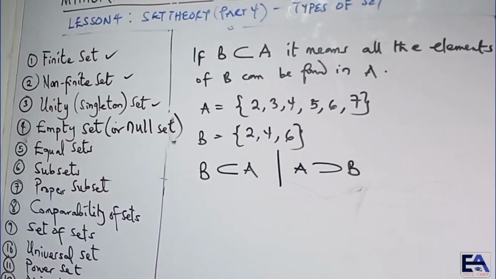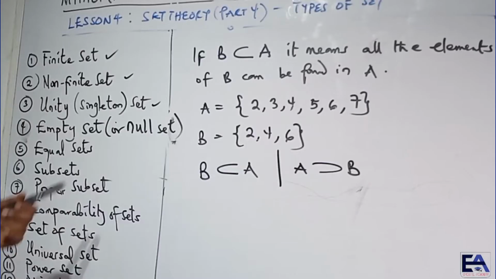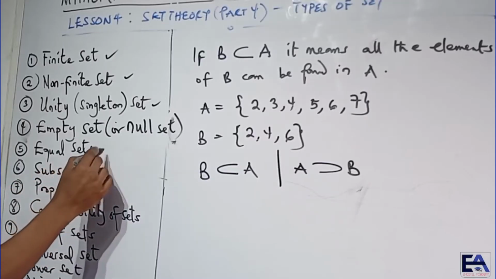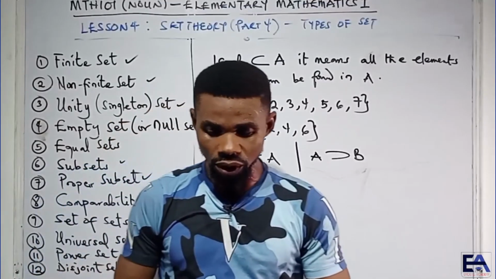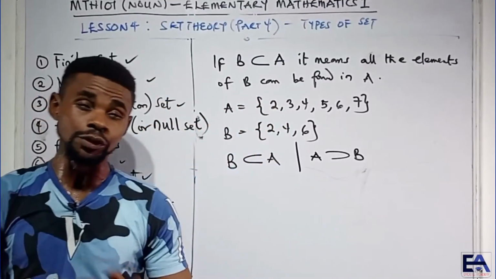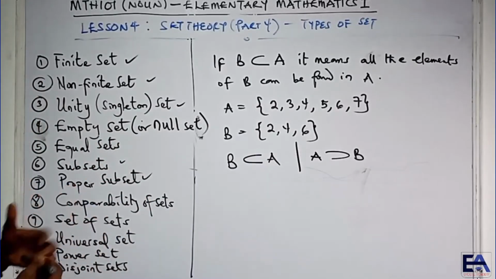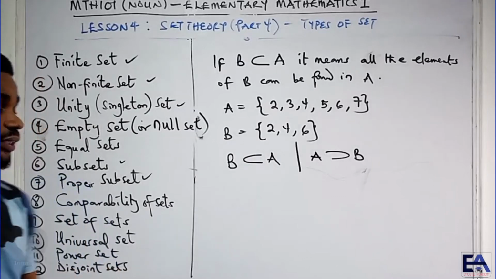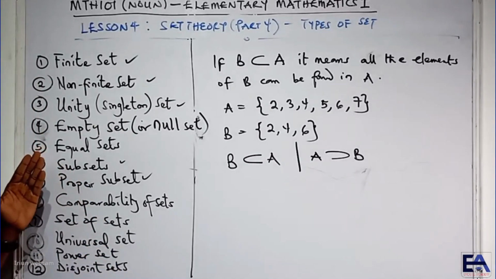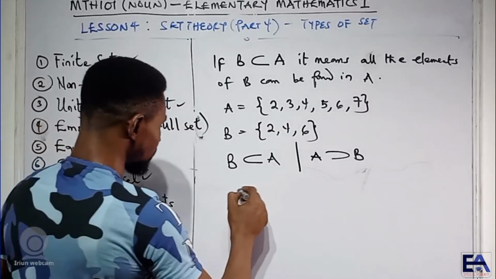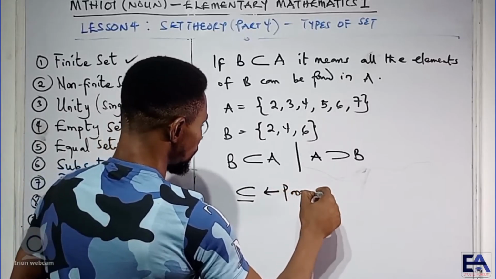Now, there is something very important you must take note of here. When we did lesson 2, when we were discussing the symbols used in set theory, I told you that this symbol means proper subsets.